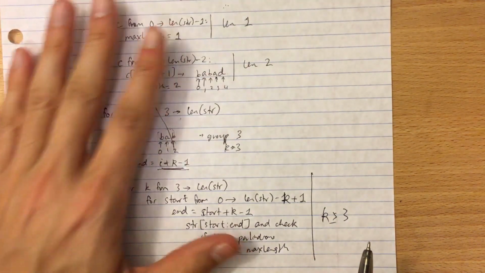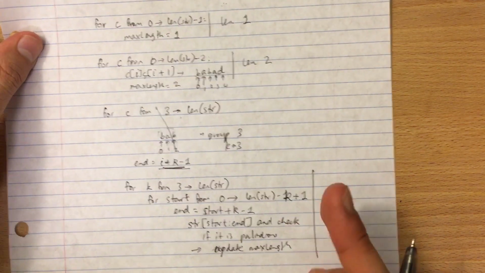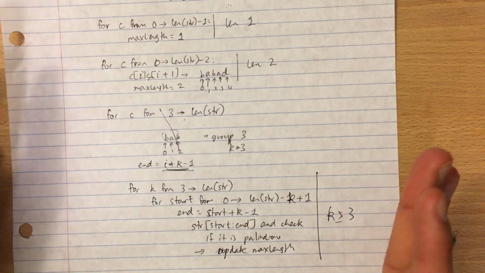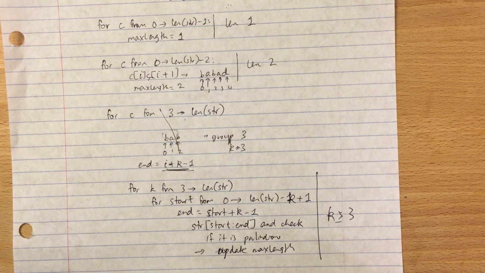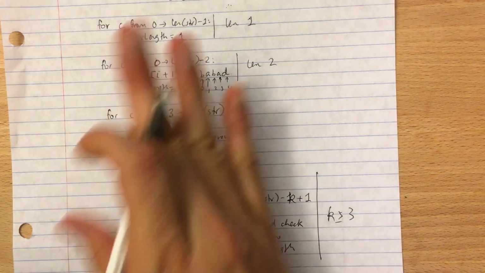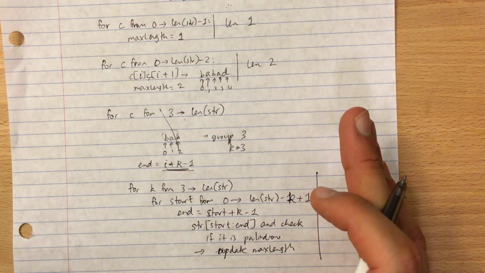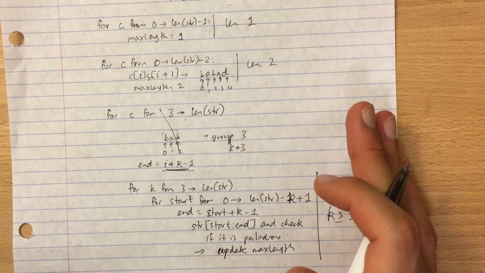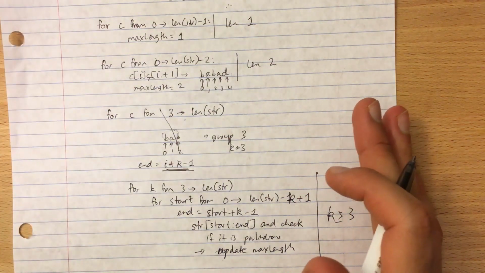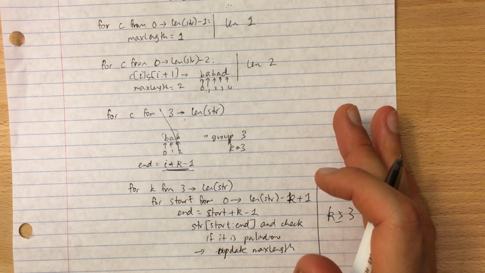Okay, so this is the brute force solution, and obviously this is not desirable. If I recall correctly, this will take something like n factorial, I have to double check, because you are evaluating every possible substring.